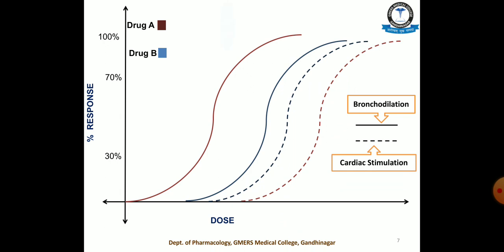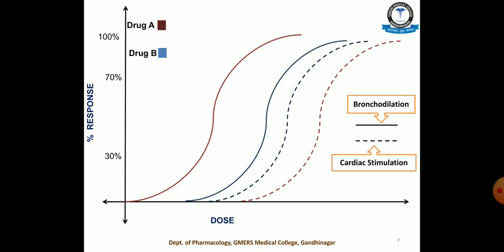Okay. Now my dear friends, can you just identify the drug A and drug B? Okay. Now I will give you the answer of this, that we require a selective bronchodilation. You all know that the beta 2 receptors are present on the bronchial smooth muscle, and when these receptors are stimulated, there is a bronchodilation.